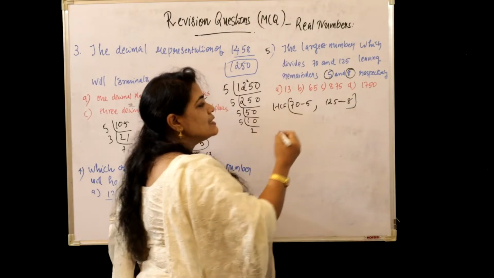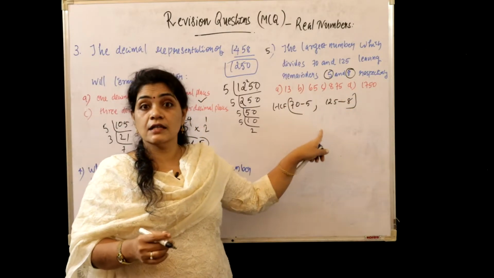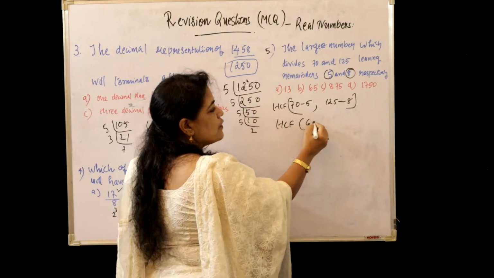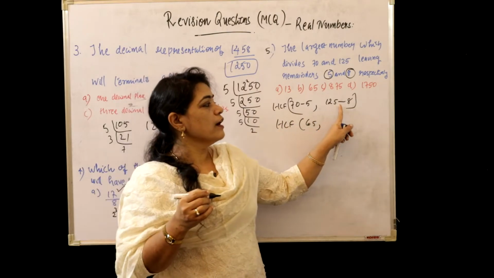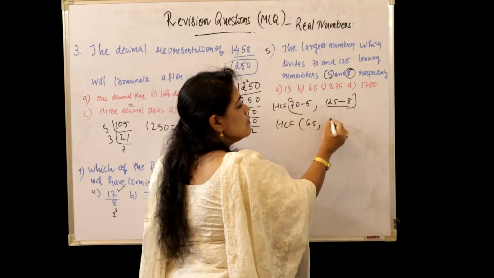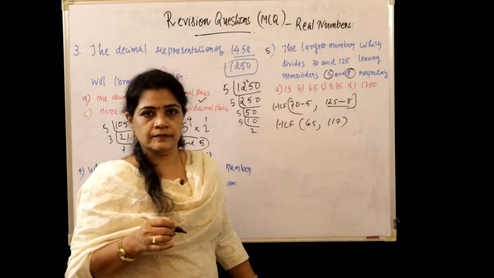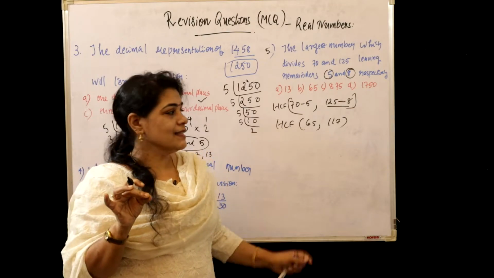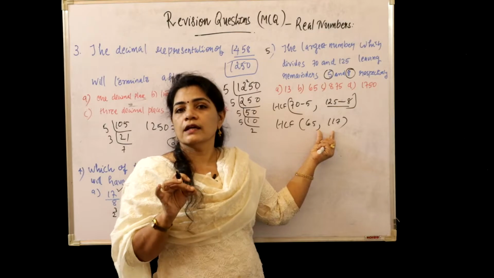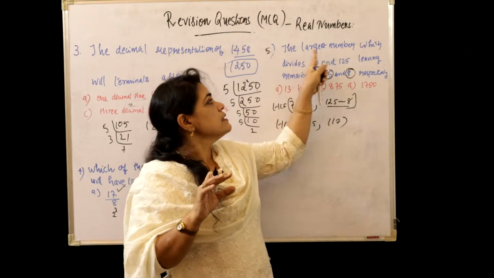That means HCF of 70 minus 5, that is 65, and 125 minus 8, that is 117, right? 117. This is very important. The HCF of these two numbers is the required largest number.